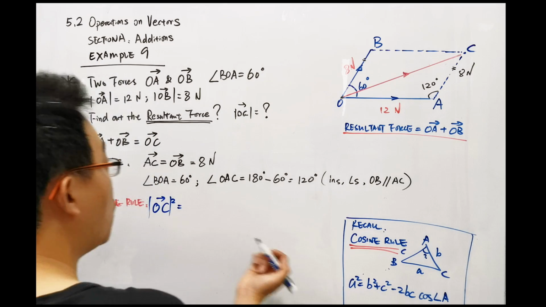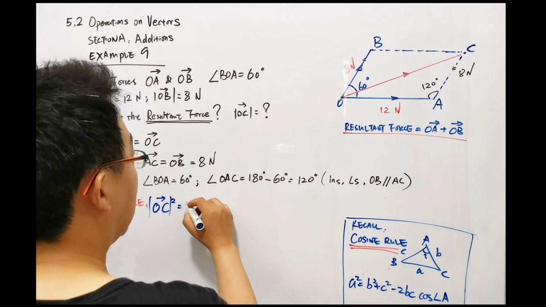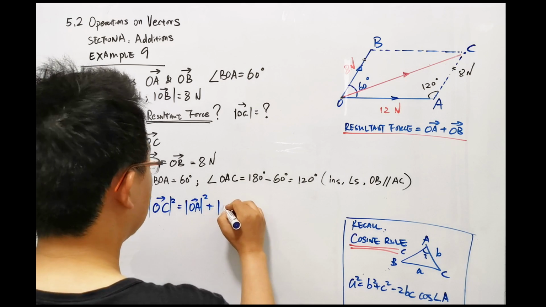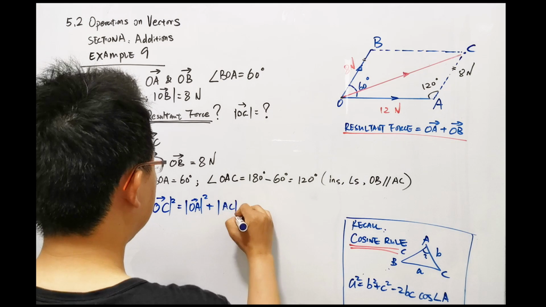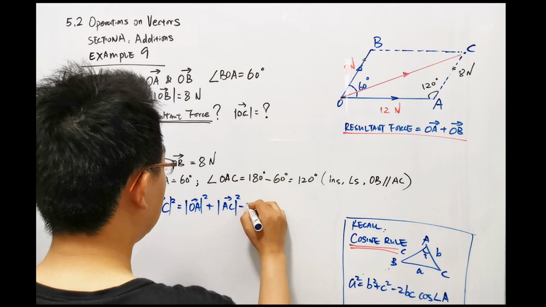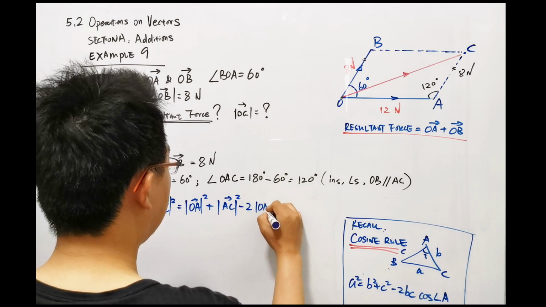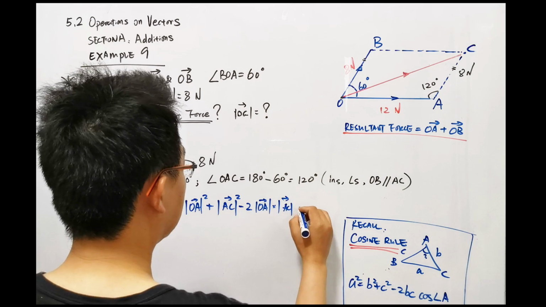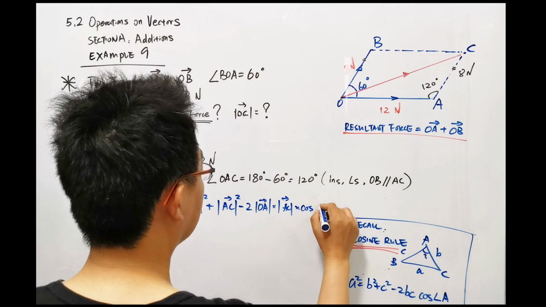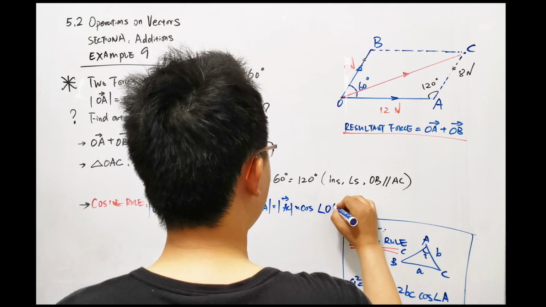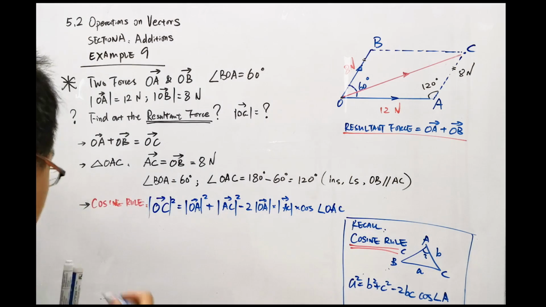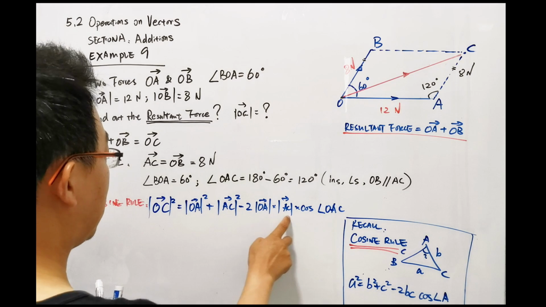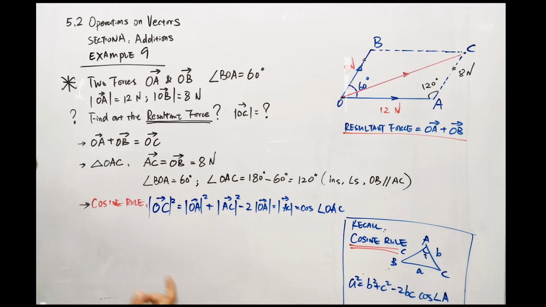OC squared equals to OA squared plus AC squared minus 2 times OA times AC times cosine OAC, right? Because this is all magnitude, okay?